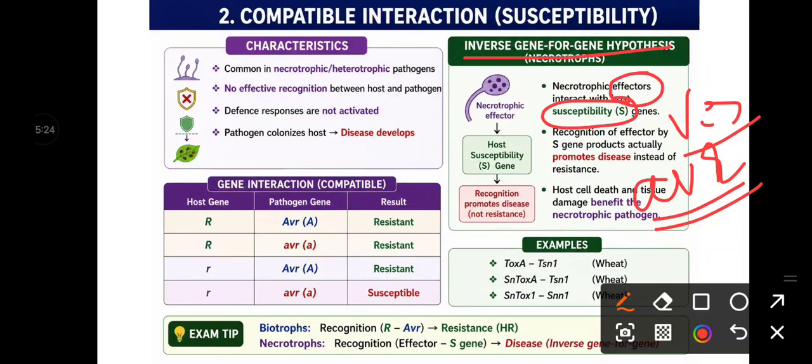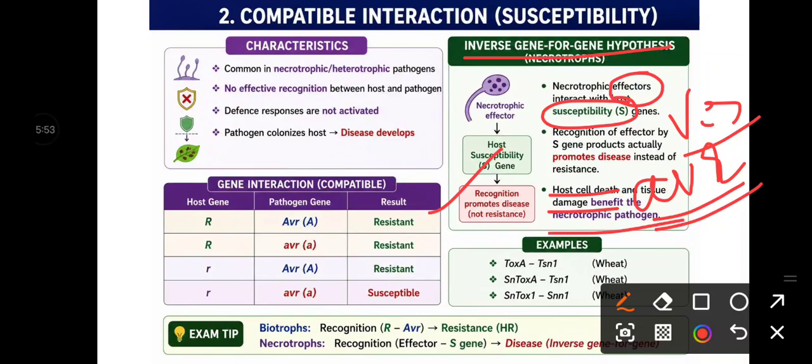In case of incompatible reaction, the interaction is between the R gene and the avirulent gene, but here the interaction is between the virulent gene and the susceptible gene, and this interaction actually triggers disease. It will trigger necrosis, cell death, damage that benefits the necrotrophic pathogen.